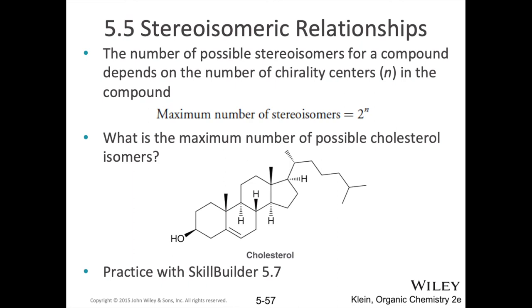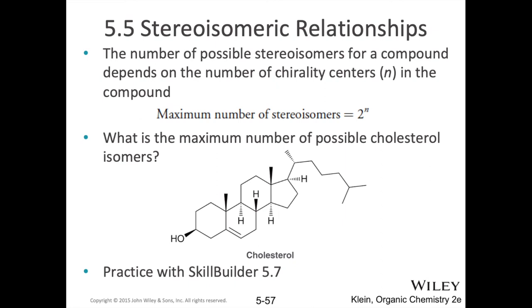It is possible to lose stereoisomers through mirror planes within your molecule, through reflection planes. We'll get into these in a little bit. These are what are called meso compounds. Anyway, first let's practice this concept.